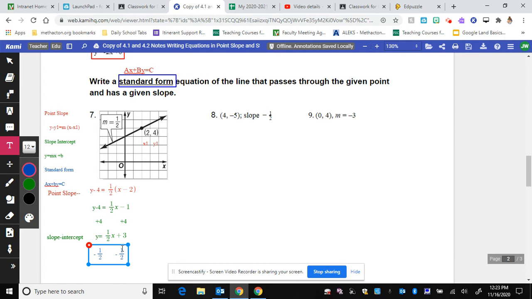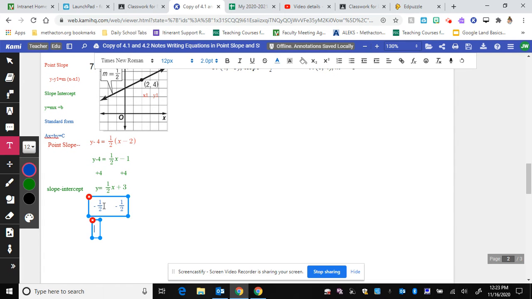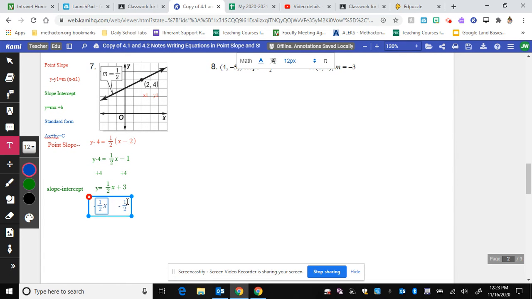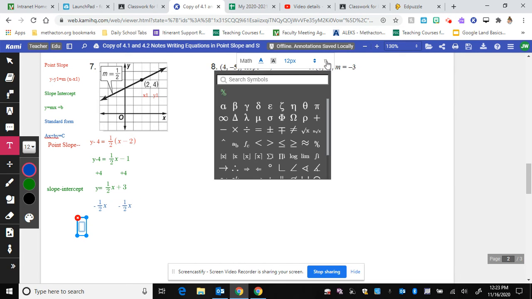And now I can rearrange this. So once I've subtracted my 1/2 x, sorry, I forgot my x, guys. Now I have a negative 1/2 x plus y equals 3.